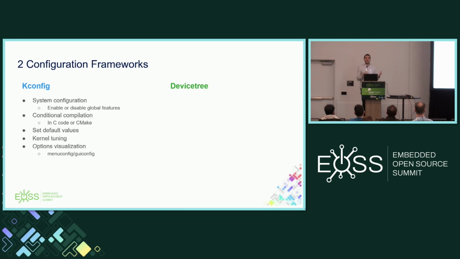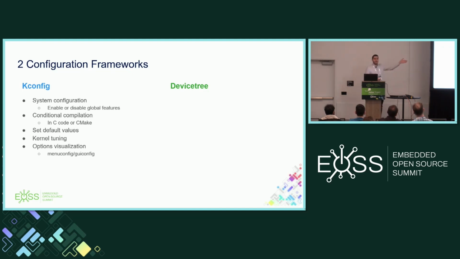And the conditional compilation here, we can do it the traditional way with macros like #ifdef, or we can do it in CMake, so either to compile this file or not. It can help us also to set some global default values, also for kernel tuning, some kernel-specific features, and for option visualization.